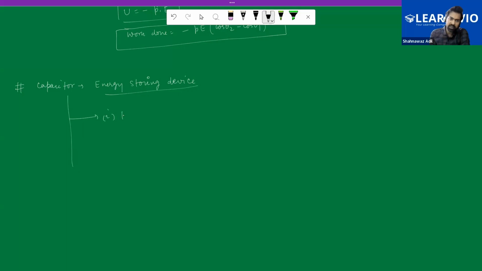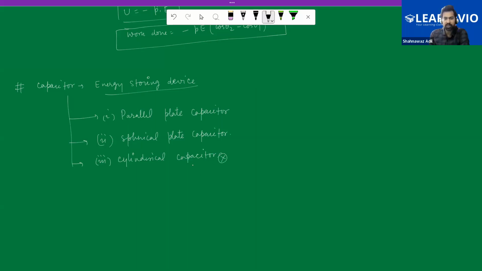One is parallel plate capacitor. The other one is spherical capacitor. And the last one is cylindrical capacitor, which we are not doing, right? This is for JEE syllabus. So we'll only talk about these two capacitors, right?